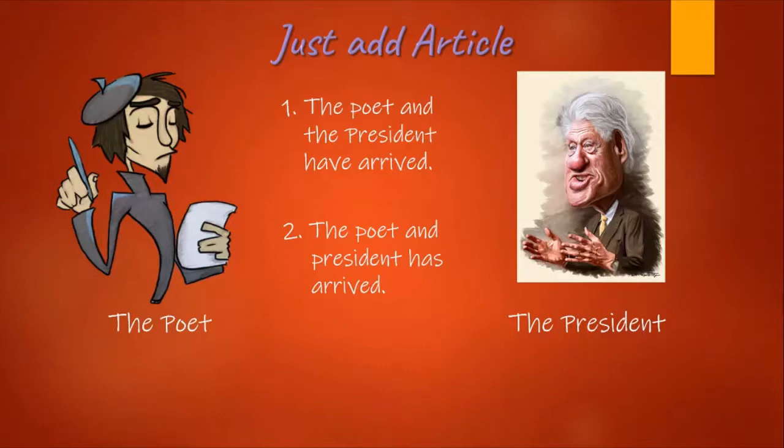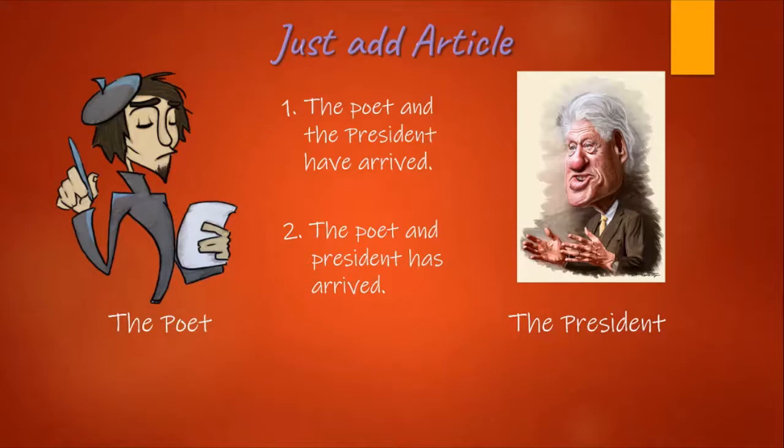So basically, this means that the poet and president are just titles. We are talking about only one person. Whoever is the poet, he himself is the president. So we are talking about one person. So when you are adding the article, you mean two different individuals. But cut off one article, remove it, you mean one single person.